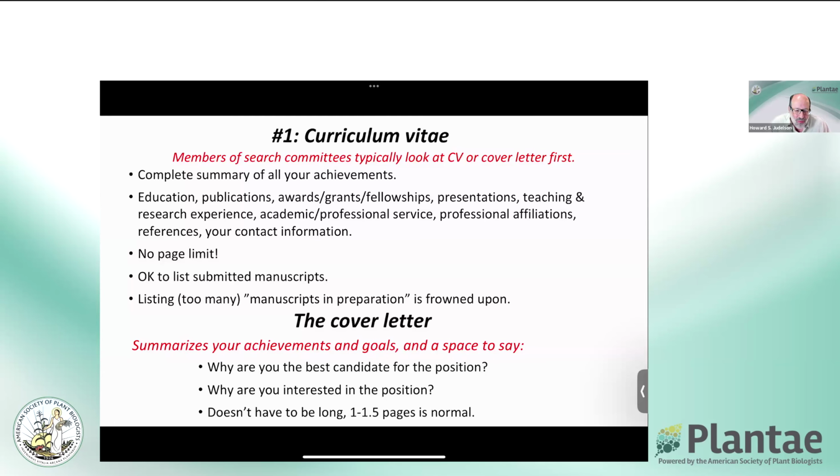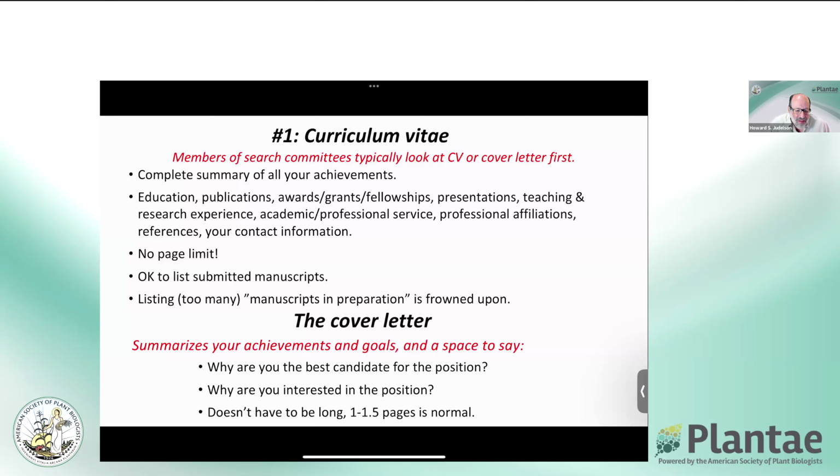Perhaps if you have one thing that's listed as manuscripts in preparation, that's okay. But I've seen applications where there are 6 manuscripts in preparation listed, and this is not so credible. So if you have work that you've done that you think is close to publication, maybe it's better to put that in your research statement than in your CV.